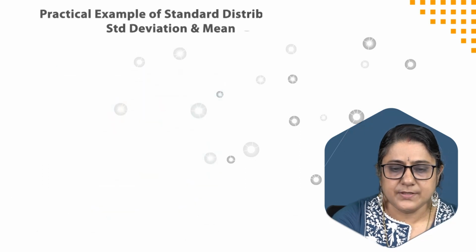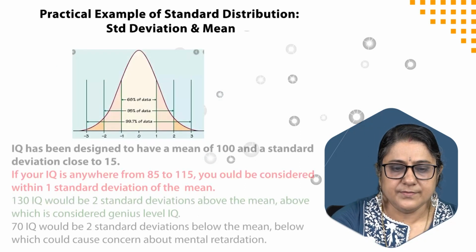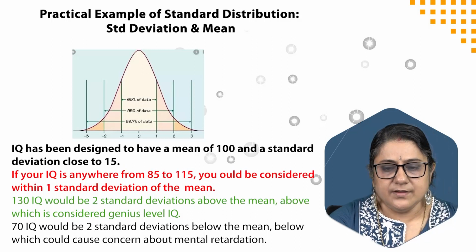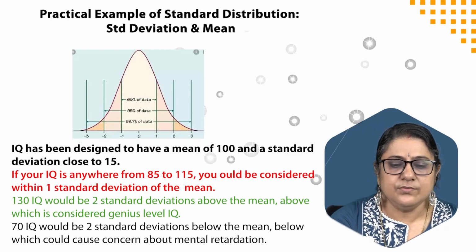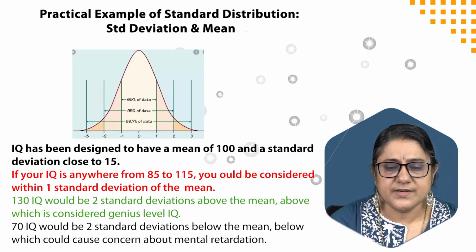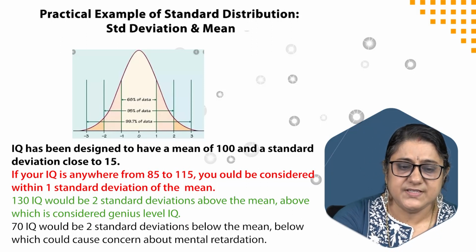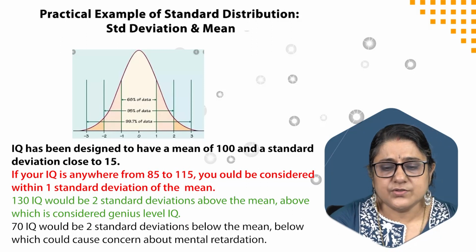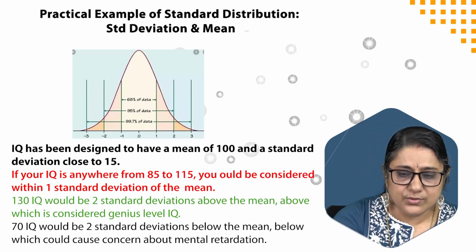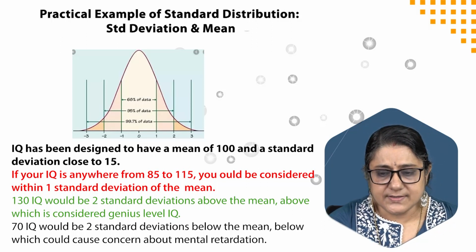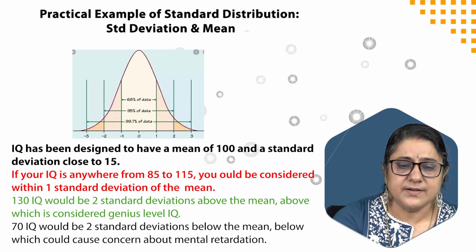This is an example of IQ values, where an IQ of 130 is considered to be 2 standard deviations above the mean, which is genius. An IQ of 70 is 2 standard deviations below the mean and is considered a cause of concern for mental retardation.